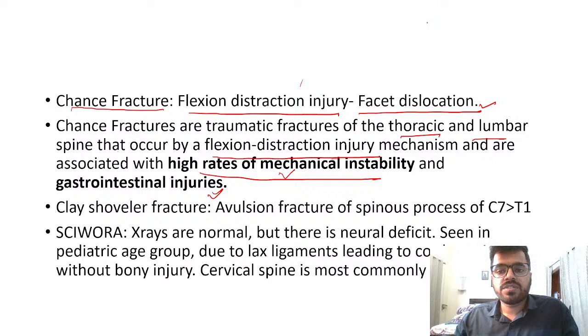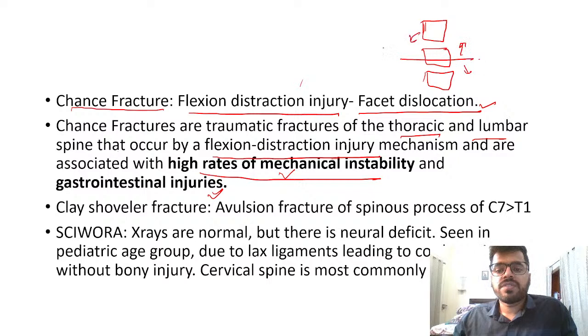If this is your spine, chance fracture will be something like this. It will pass to the posterior elements. It will be a through and through fracture. Here there will be distraction forces.